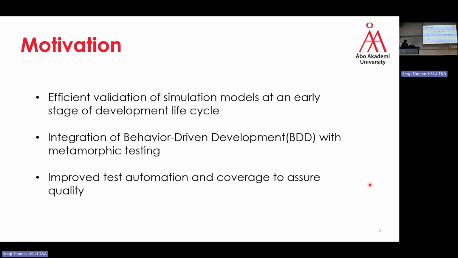We want to facilitate early testing of simulation models during the early stage of the development life cycle. For this, in our approach, we propose the use of metamorphic testing and integrating it with behavior-driven development to improve the test automation and coverage to ensure quality at an early phase of the product life cycle.